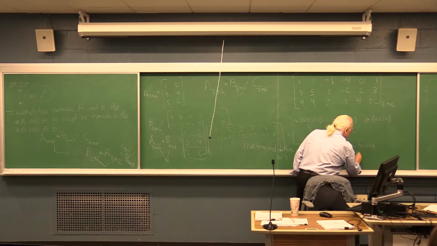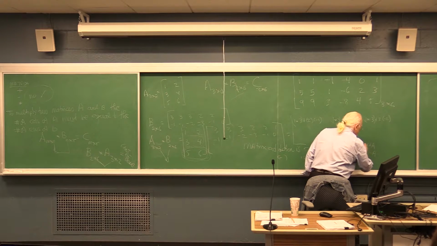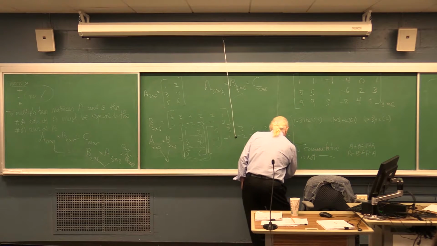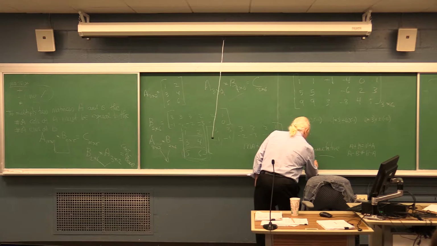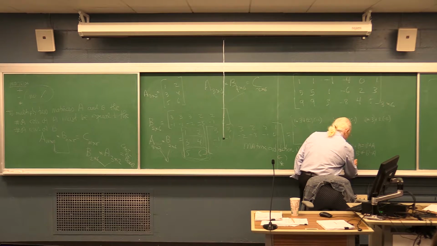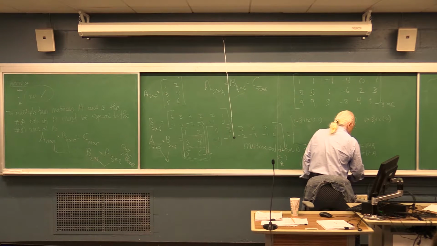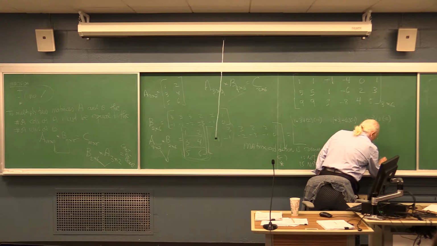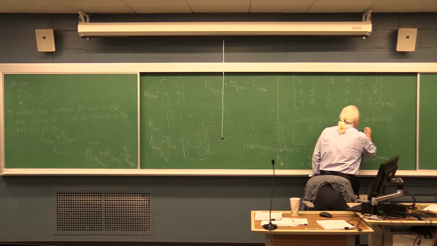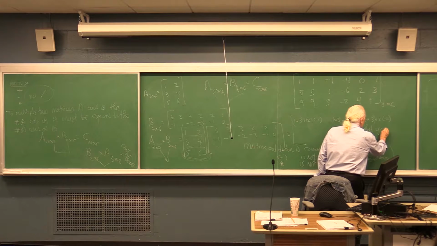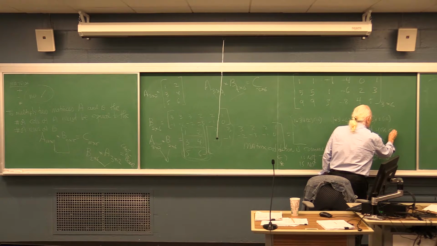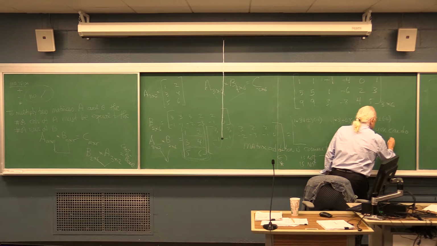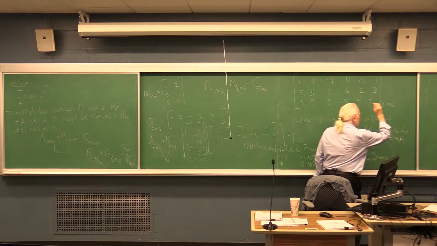A minus B is not the same as B minus A. Matrix multiplication is not commutative, because generally speaking, being able to do A times B does not mean that you can do B times A.